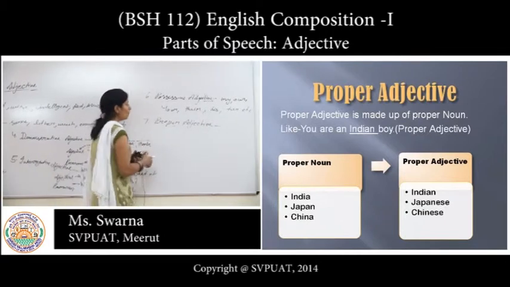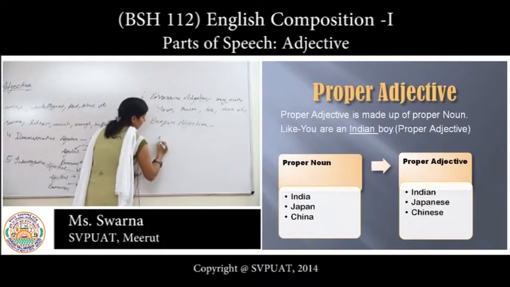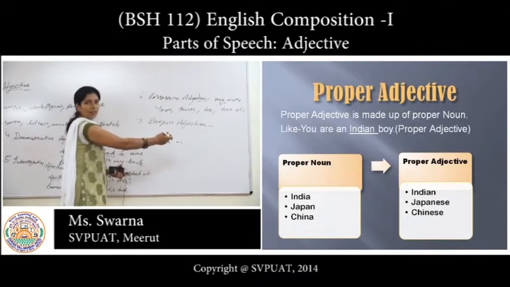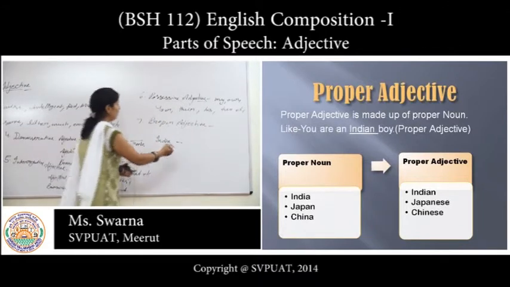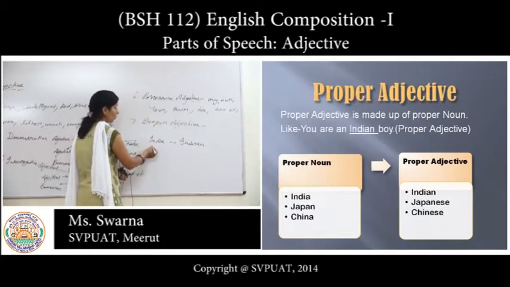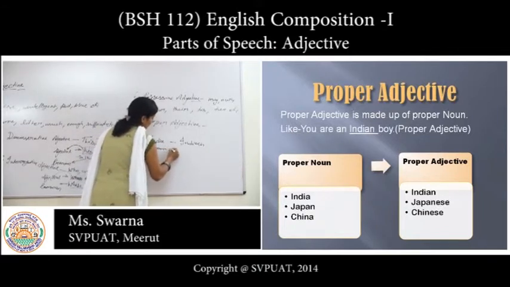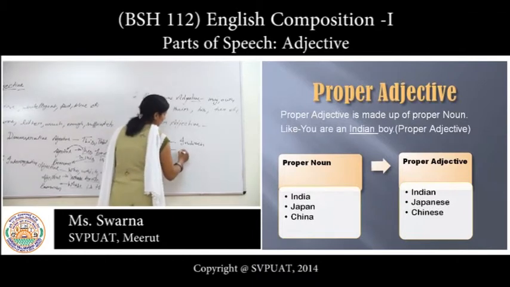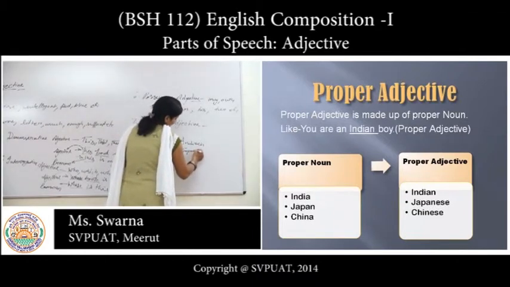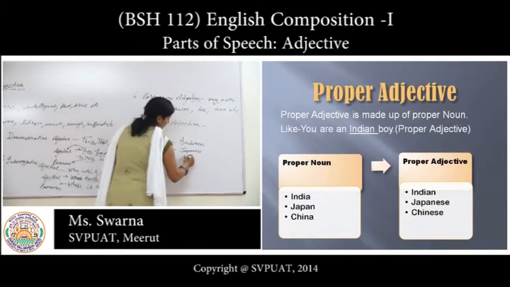Like in a proper noun, we can write the name of a country, India. But in a proper adjective, we write Indian. In a proper noun we write Japan, and in a proper adjective, Japanese. China, Chinese.